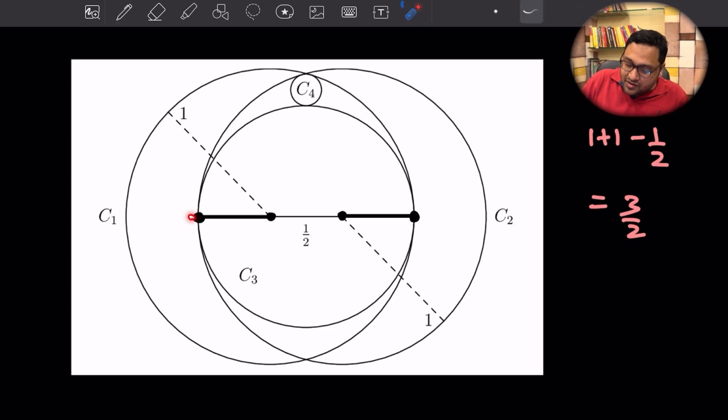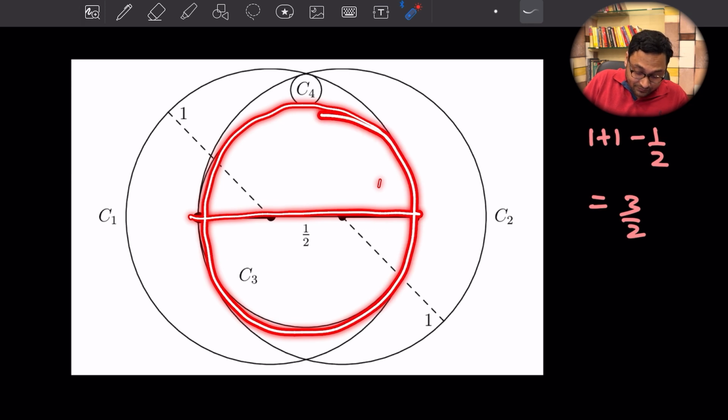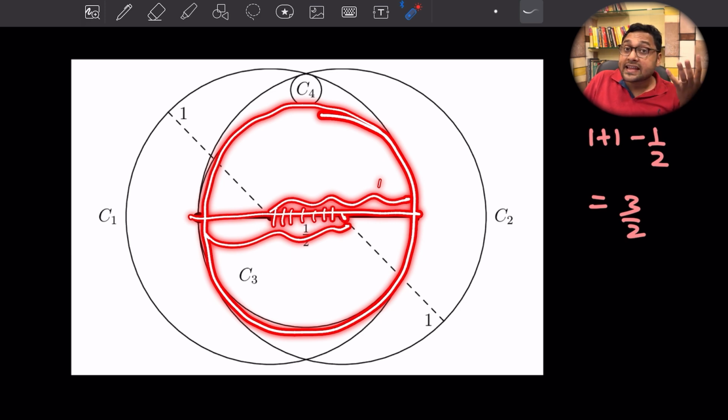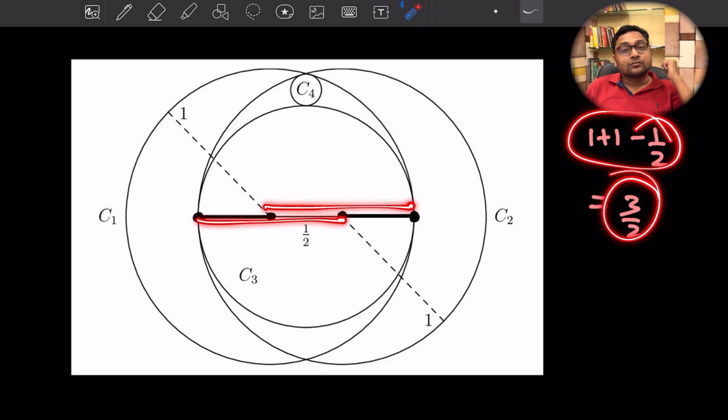This is the diameter of the smaller circle C3. This much is 1, this much is 1, half is common. So I'm over counting half. I'm counting it one time extra. So 1 plus 1 minus half, that is 3 by 2.